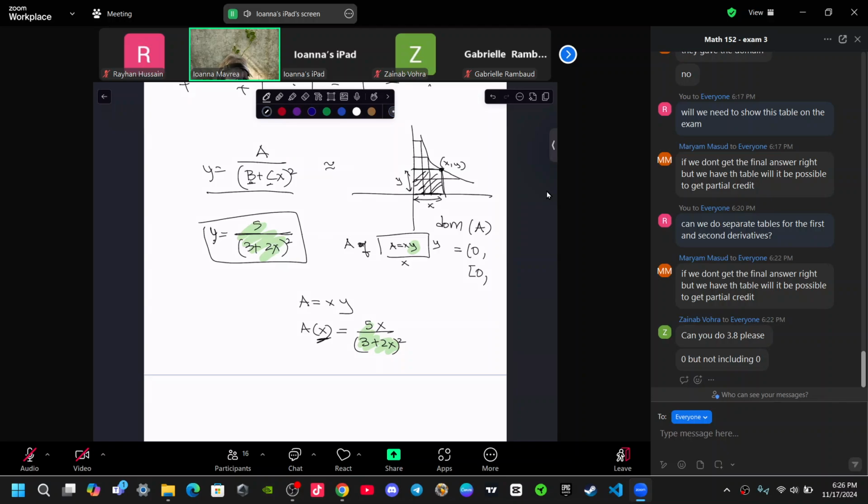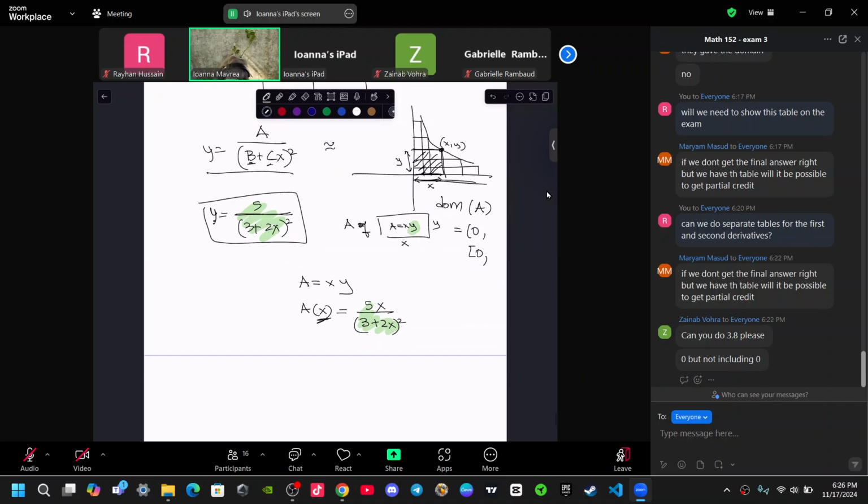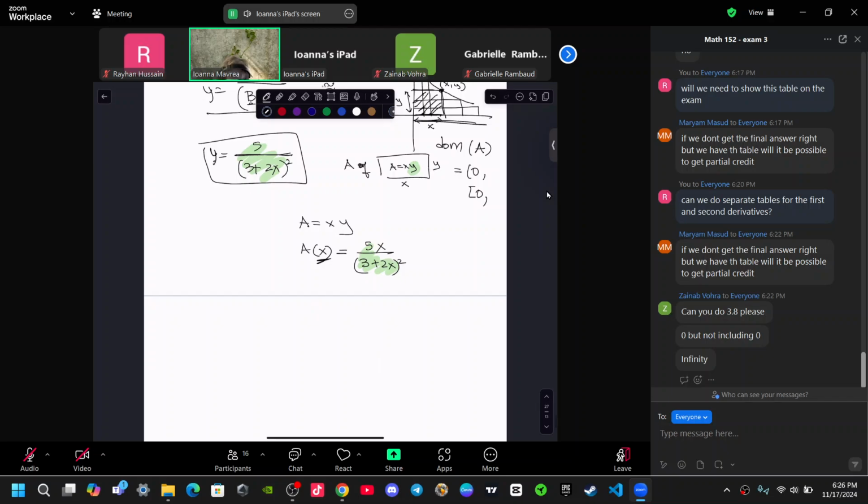If the rectangle is really short, x gets bigger. So how big can it be? Infinity, right? So this is the practical domain, but that's acceptable as well. So that's the domain. You're asked for a maximum, so you're going to take the derivative.